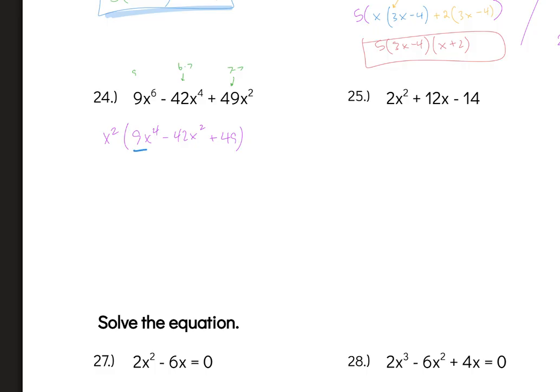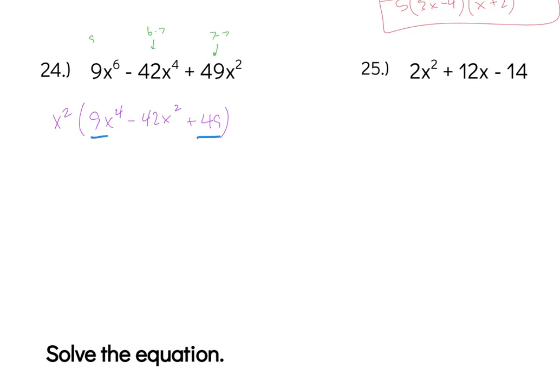Well, perfect square, okay? And what that looks like is a squared minus 2ab plus b squared. So, in our scenario here, a squared equals 9x to the 4th.